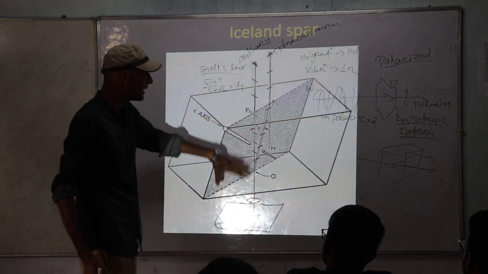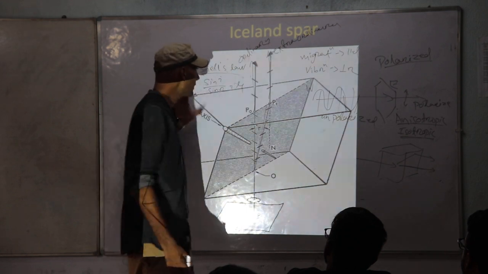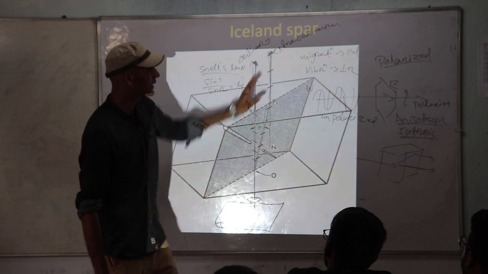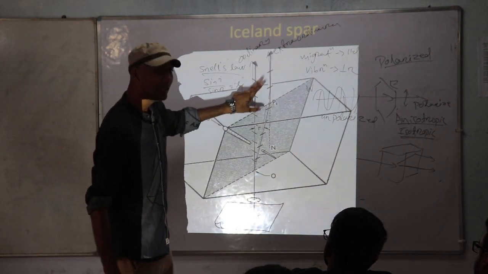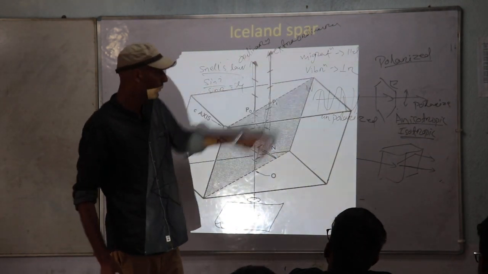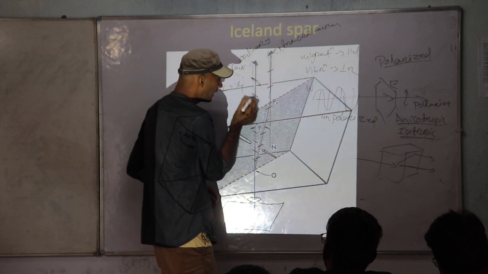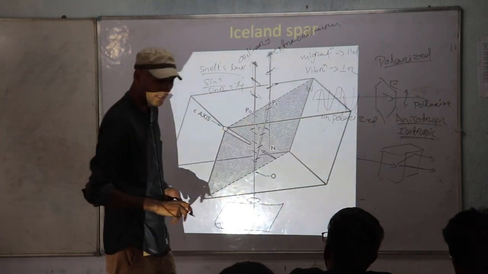So whenever a light ray enters the mineral, it splits up into two components, ordinary and extraordinary. Ordinary obeys Snell's law, extraordinary doesn't. Ordinary continues the path, extraordinary deviates from its path. Both of them are migrating parallelly but vibrating perpendicularly. If this is the vibration of the ordinary, this is the vibration of the extraordinary.